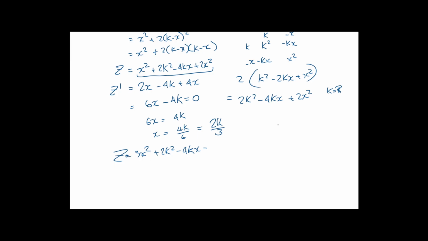And now we're going to put this in wherever we have an x. So it's going to be 3 times 2k over 3 squared plus 2k squared minus 4k times 2k over 3, isn't it?